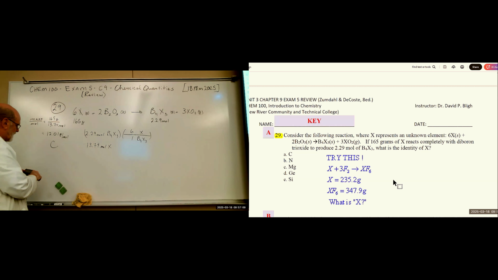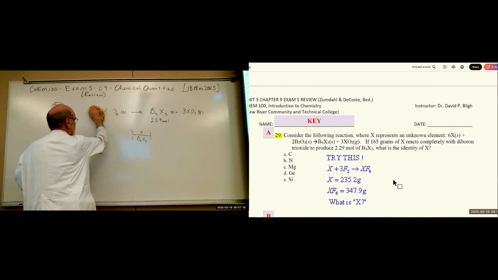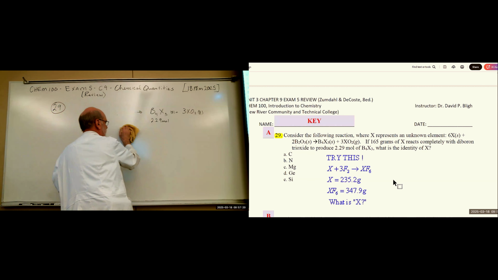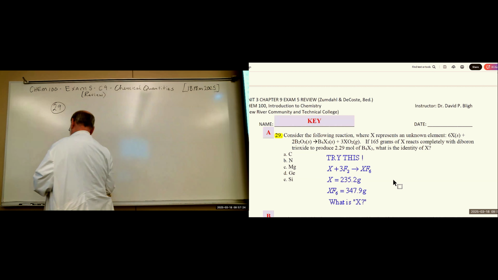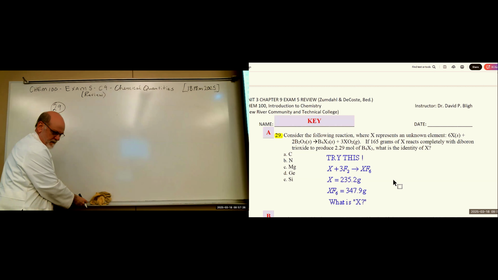All right. So let's take a look at that extra one I threw in there. We have X plus 3 fluorine. X plus 3 fluorine yields what?